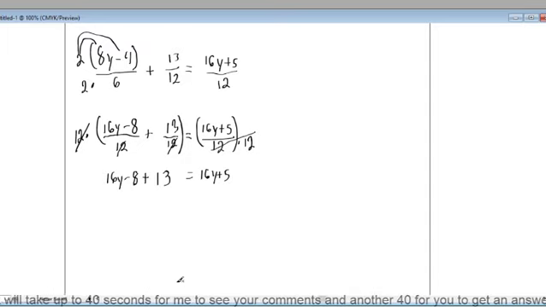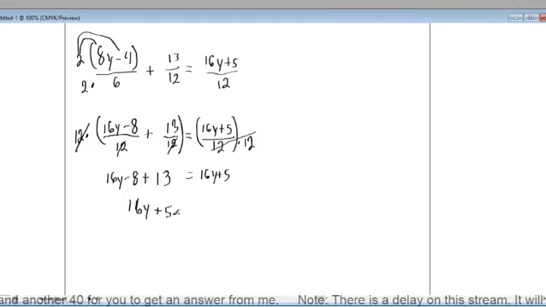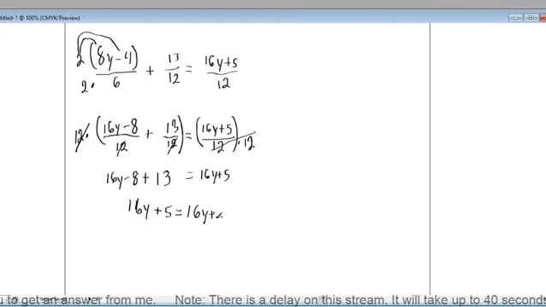Okay, so negative 8 and 13 are going to give us 5. So we've got 16y plus 5 equals 16y plus 5. And now we can see something else that's going on here.